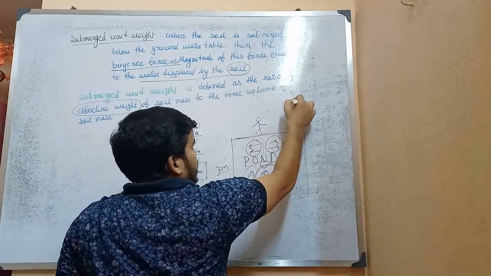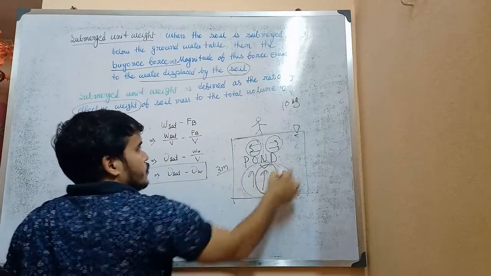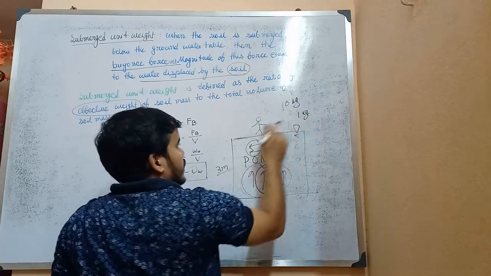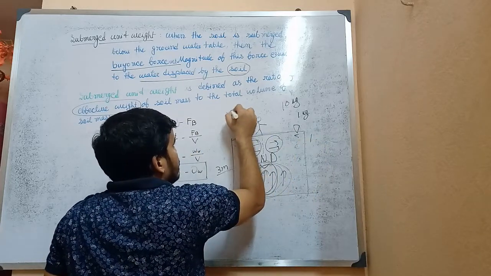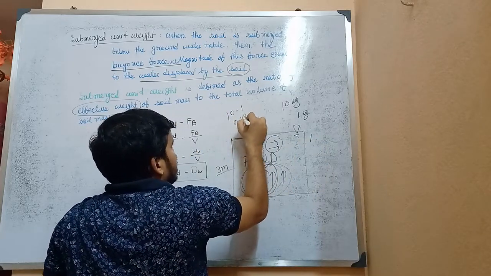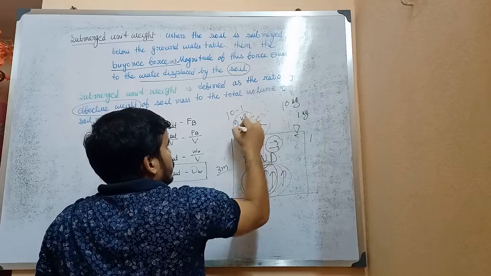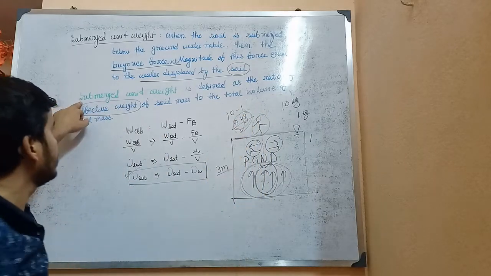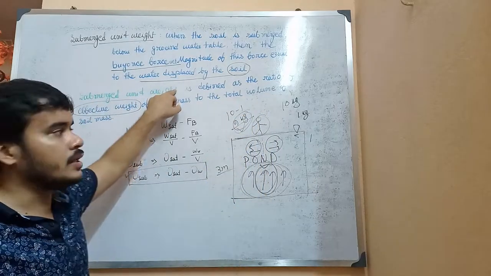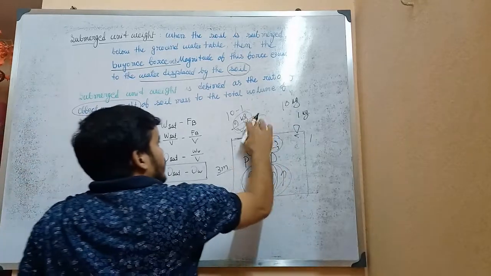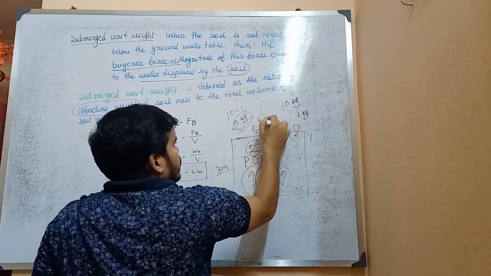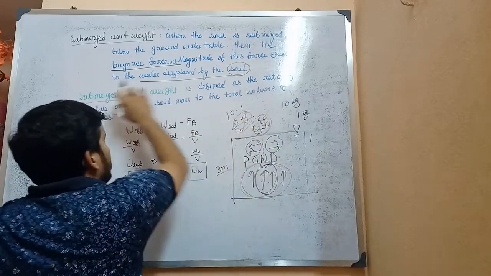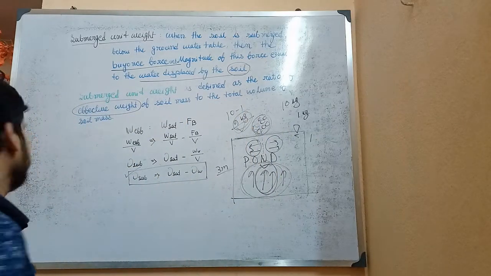If your weight is 10 kg and the buoyancy force is 1 kg, then your effective weight will be 10 minus 1, 9 kg. 9 kg divided by your total volume will give the submerged unit weight, and replacing you with the soil particle, you will get the submerged unit weight of soil.